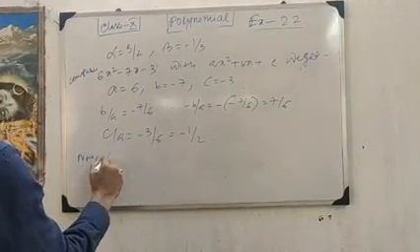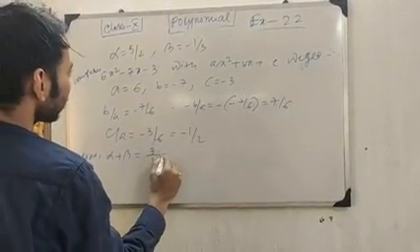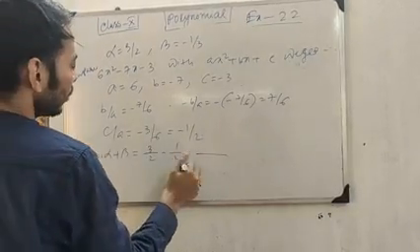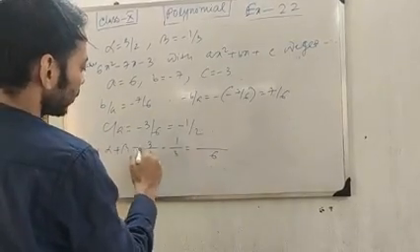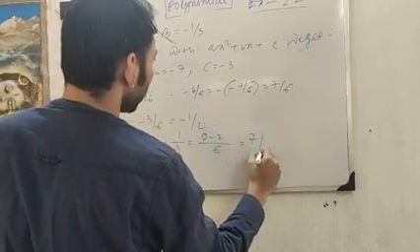Now alpha plus beta equal to 3 by 2 minus 1 by 3. Doing the subtraction, LCM of 2 and 3 is 6. So this is 9 minus 2, that means 7 by 6.